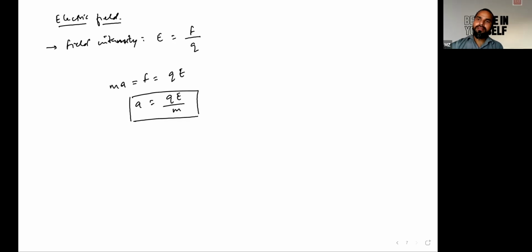Using this acceleration, they would ask you to use the equations of motion, like v equals u plus at, s equals ut plus half at squared, v squared equals u squared plus 2as. I'm giving you one problem related to this.